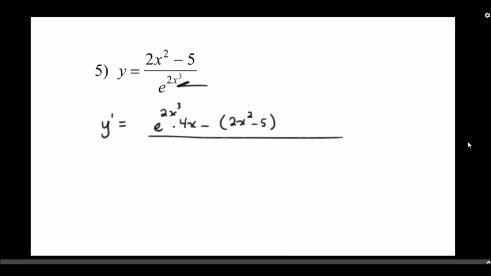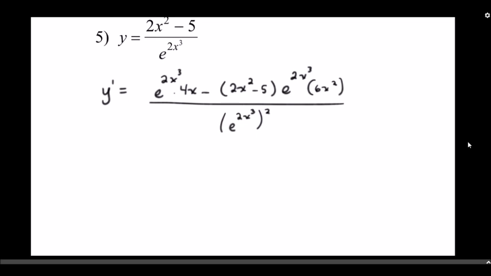So the derivative of the exponential right there is that exponential itself, e to the 2x cubed, times the derivative of the exponent, which is 6x squared, all over low squared. So this is e to the 2x cubed, squared.